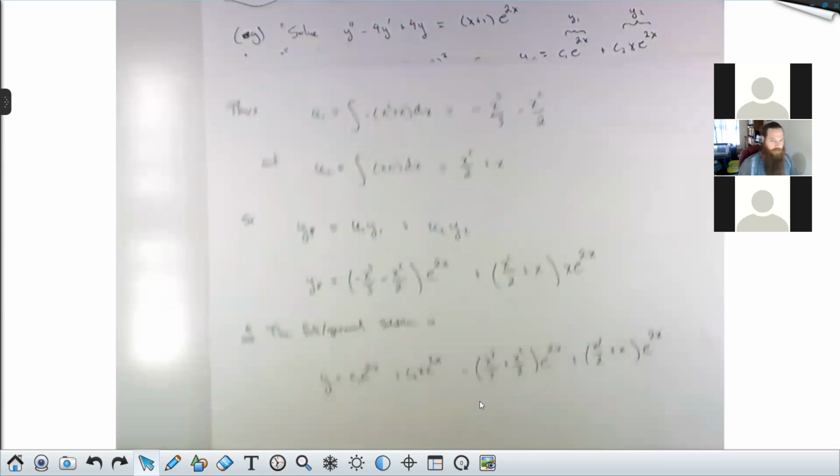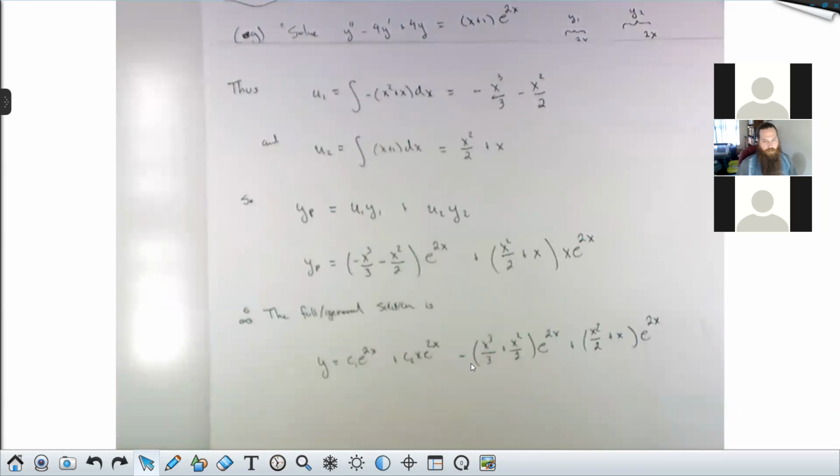There's some more we could do to simplify here. This negative x squared over 2 e to the 2x can cancel with this positive x squared over 2 e to the 2x.